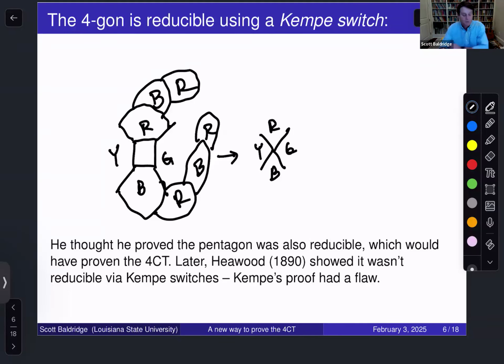Because the next thing you can do is what's called a Kemp switch. If this is the only red-blue combination, you can replace the red with a blue and the blue with the red, and you just switch it all the way down.